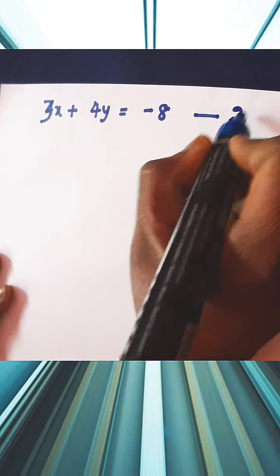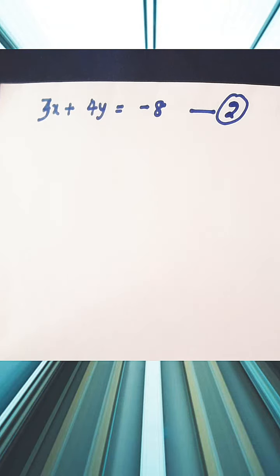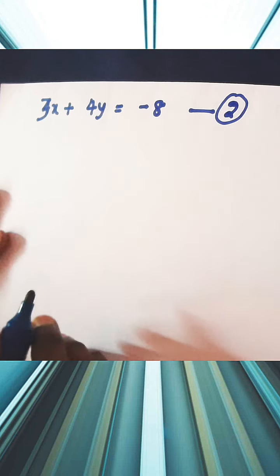The second equation is 3x plus 4y is equal to negative 8. This is your equation 2. We will take equation 2 as the regression equation of x on y.